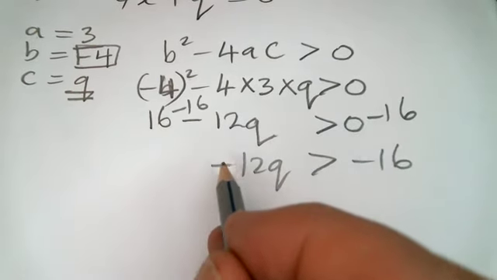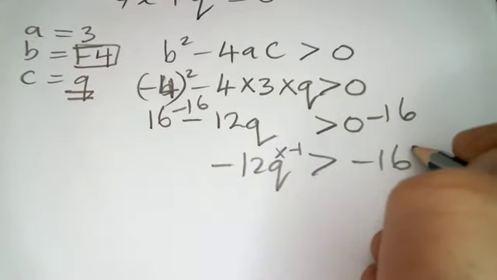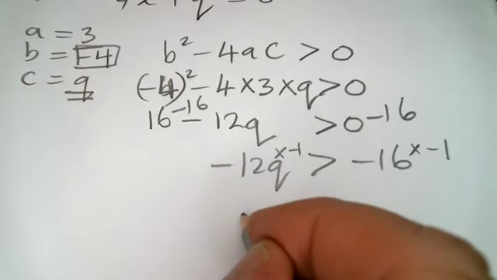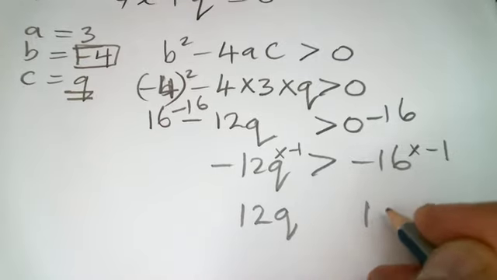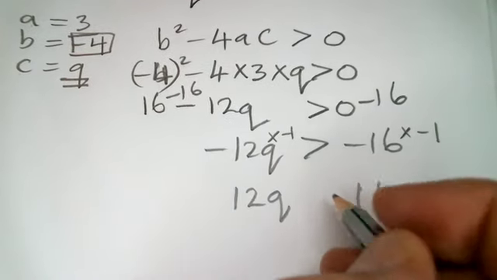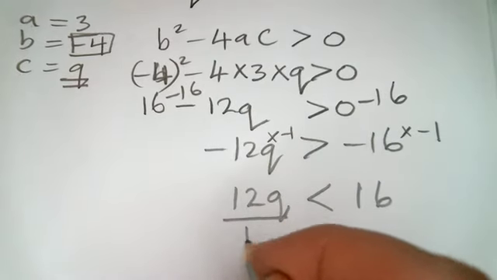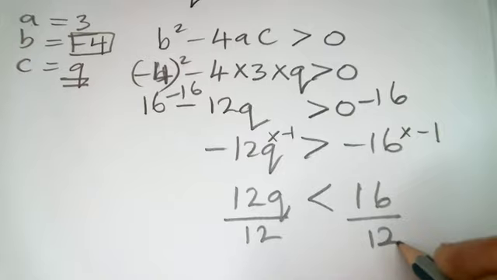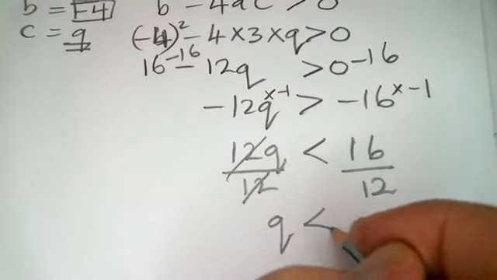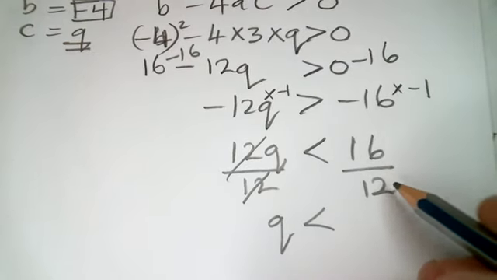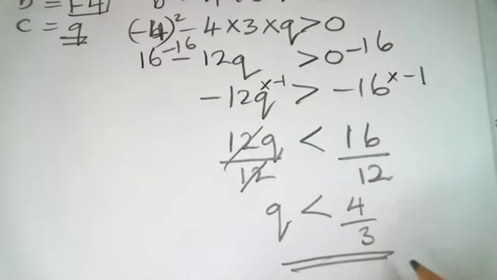I need this to be positive 12q, so I'm going to multiply both sides by negative 1, which gives me 12q and on this side a positive 16. But because I've multiplied by negative 1, I must change the orientation. Now I'm going to divide both sides by 12, and 12 divided by 12 leaves me with q is less than 16 on 12, which is the same as 4 on 3, or if you like, 1 1/3.